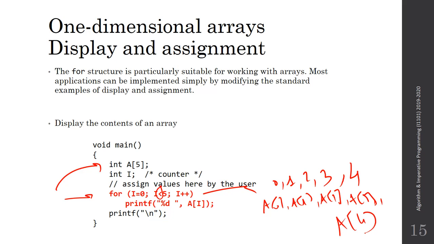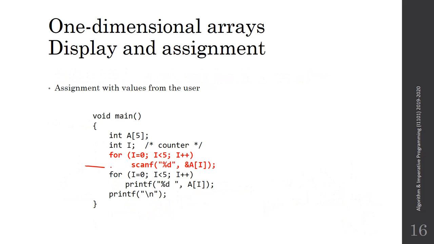We will do the same while scanning, while reading an element. While reading an element, I also need to loop 5 times from 0, and you should especially pay attention, it's always from 0 to dimension - 1, and I need to do a scanf. The scanf is the same as we have seen before while scanning a variable. For example, if we have int x, we do scanf("%d", &x).